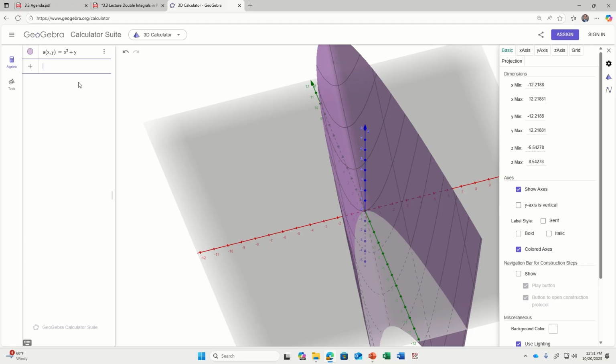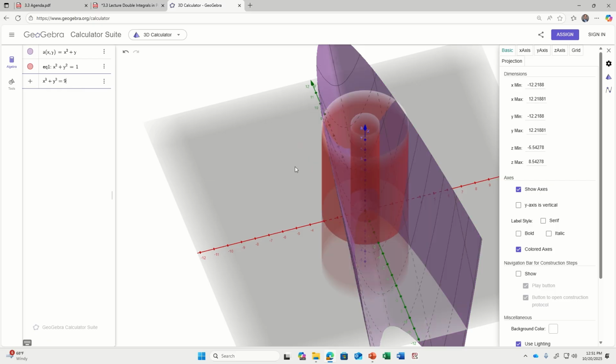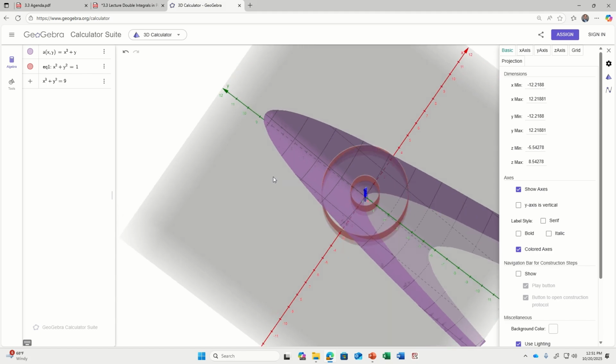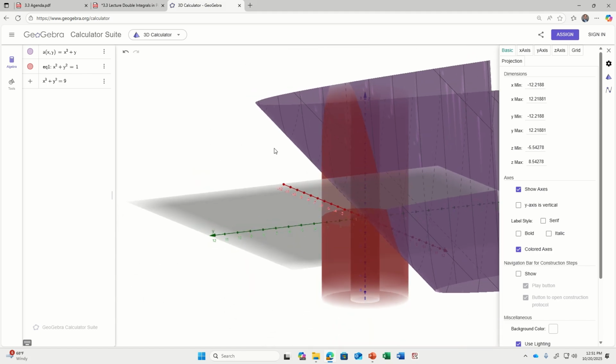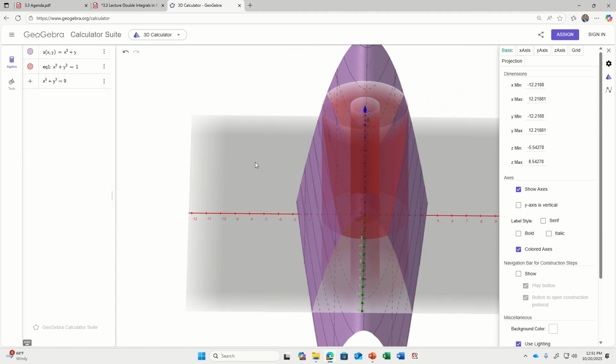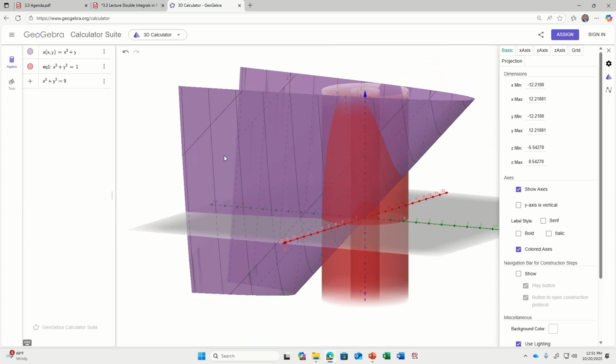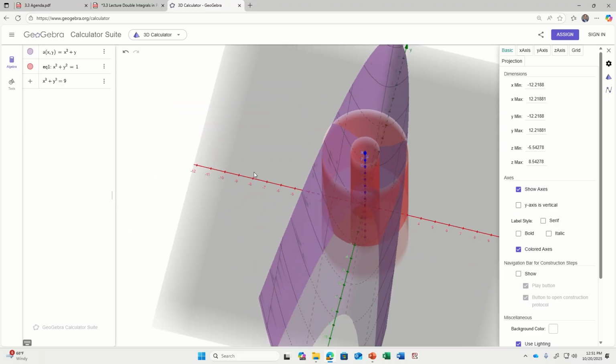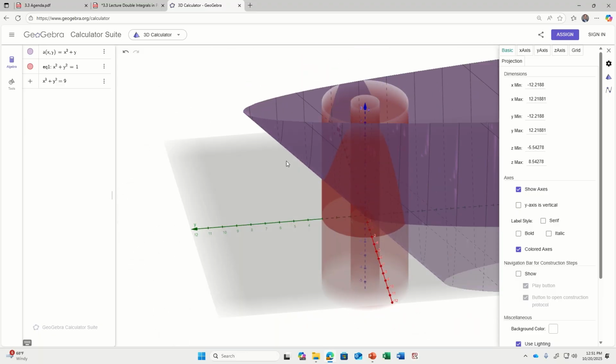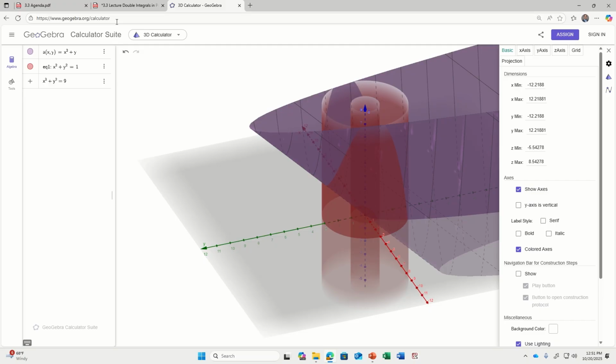And so how do I do that on GeoGebra? I need to say x squared plus y squared equals 1. That's the inside that we're ignoring, and then x squared plus y squared equals 9. And so the part that is bounded between the top of this surface and the xy plane, in between those in the annular space, that's kind of what we're talking about.